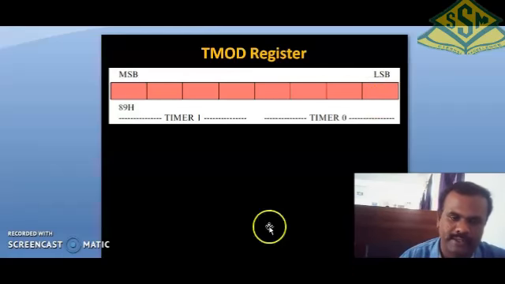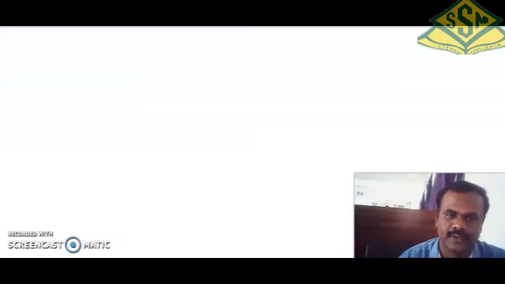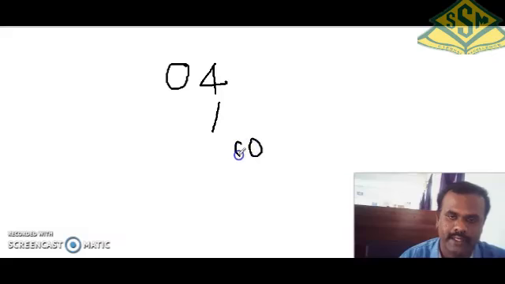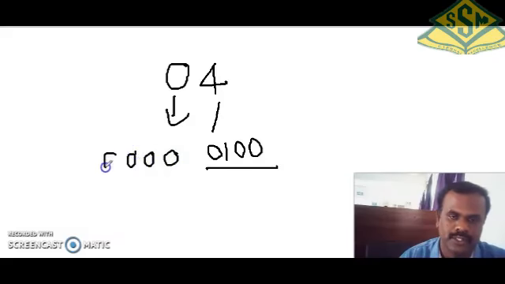What is 04? This is the 04 data. The 4 is a binary combination of 0, 1, 0, and the 0 defines the binary positions 0, 0, 0, 0.